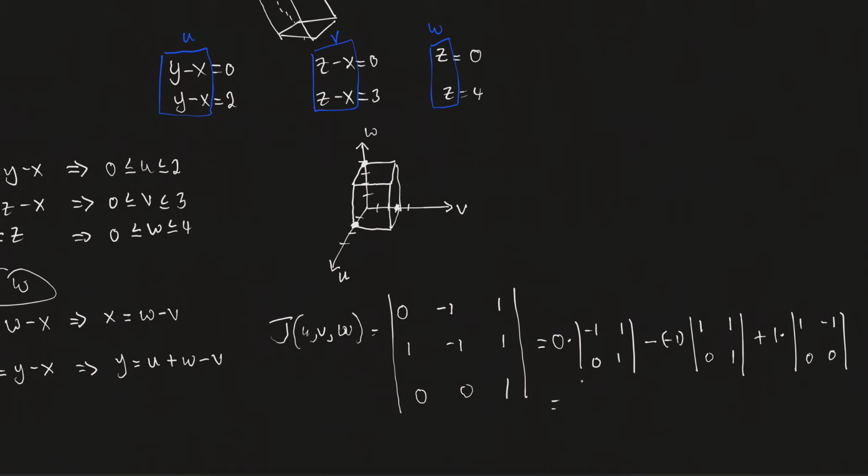All right, so let's use our 2x2 determinant formula. The first term is going to be 0 because we're multiplying that one by 0, so I don't even need to calculate this. The next term is going to be a +1 times, and then we do 1 times 1, minus 1 times 0. And then the third term is going to work out to be 0 as well, because it's going to be 1 times 0 minus -1 times 0. So all that, and we get a Jacobian of 1.